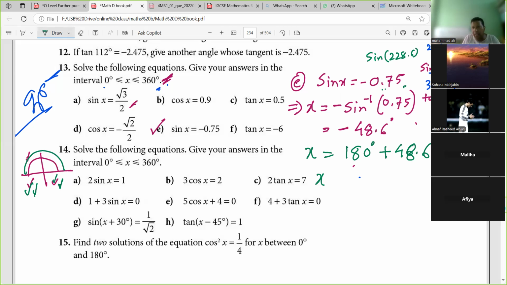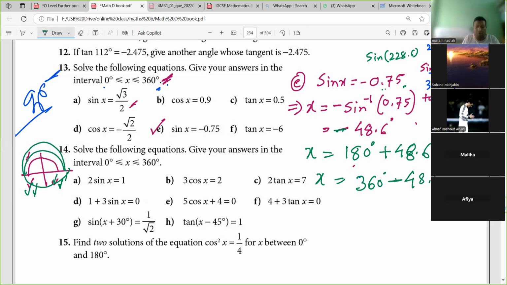How do we get these things? X equals, from here to here, this is 360 degrees. From 360 degrees, we subtract the basic acute angle. Keep in mind, I am not subtracting minus 48.6. I am subtracting 48.6. This minus indicates I will search where sine is negative.